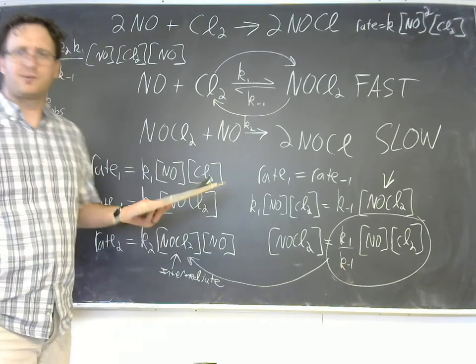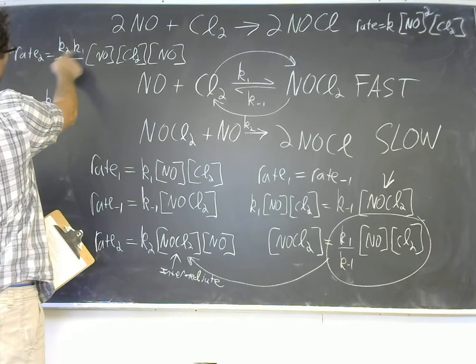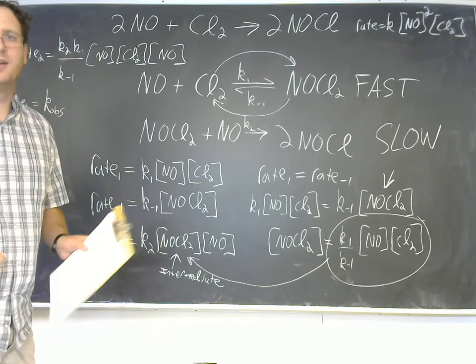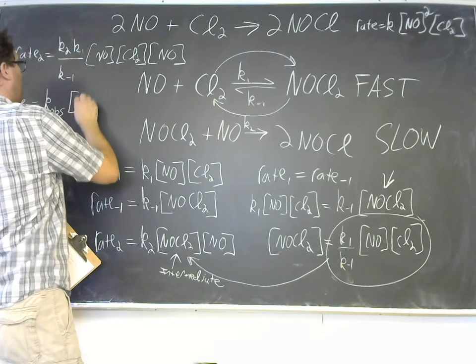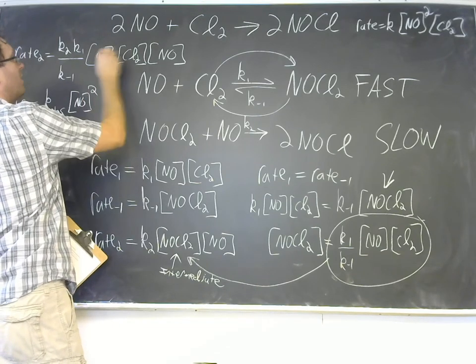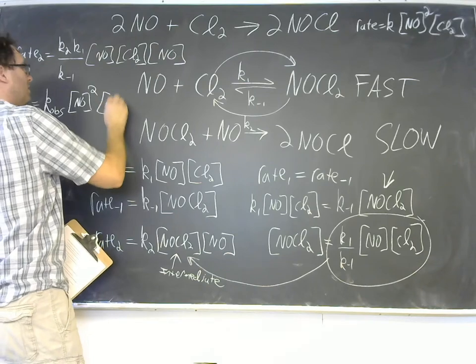The observed overall rate constant is just the combination of k1, k2, and k-1 in this way. And then we'll have NO squared, there's 2 of them, and Cl2.